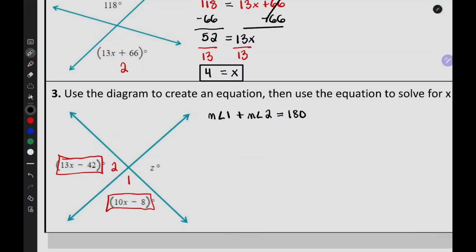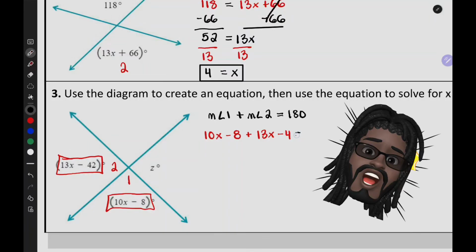And then we can use substitution. I don't need the parentheses. I could go ahead and drop that. 13x minus 42. Sorry, that's angle 2. I mean, it doesn't really matter. But 10x minus 8, that's angle 1's measure, plus 13x minus 42 is equal to 180 degrees.